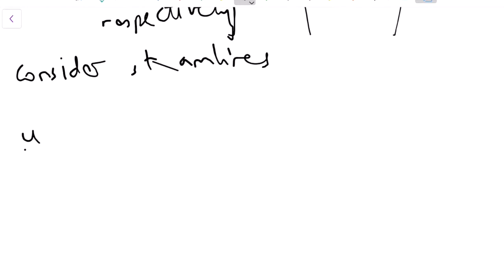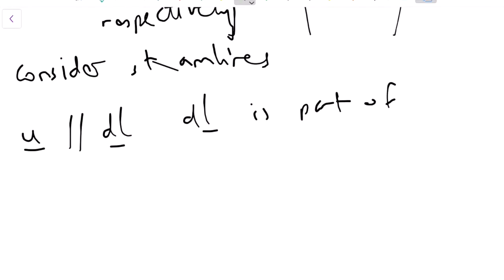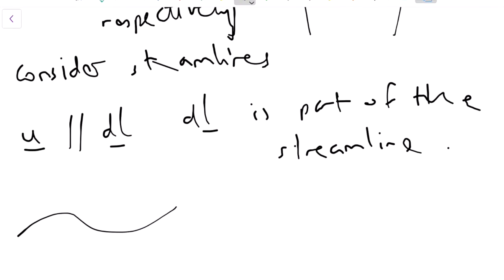Well, U is parallel to DL, where DL is part of a streamline. So we have a streamline here, and at each point the velocity vector would be parallel to it. There we go. So how do you do this?